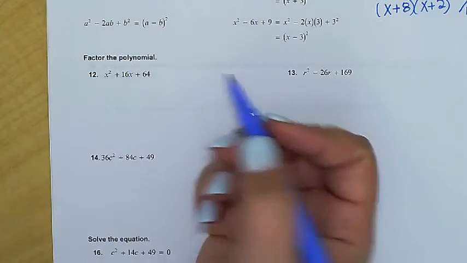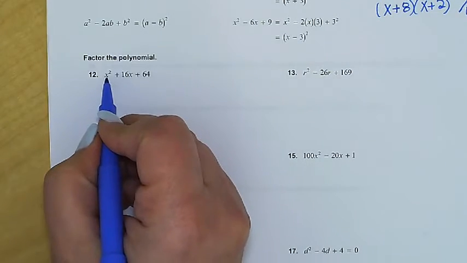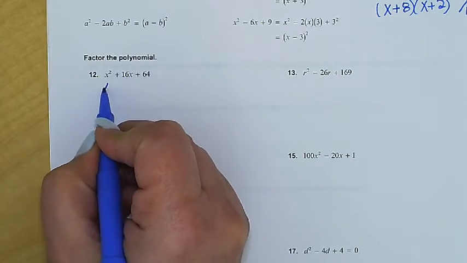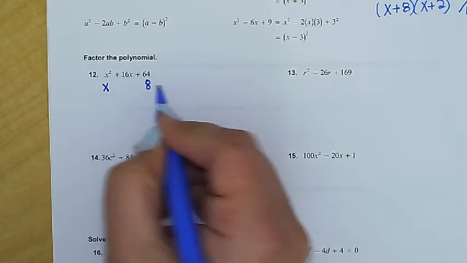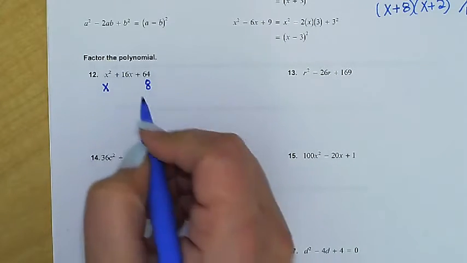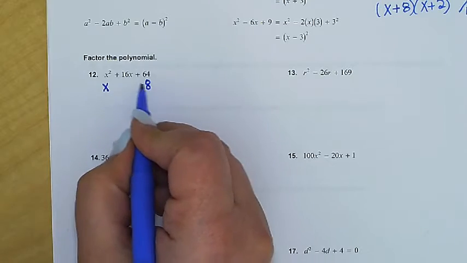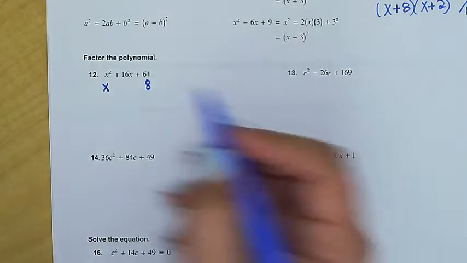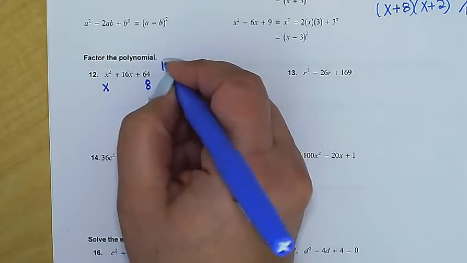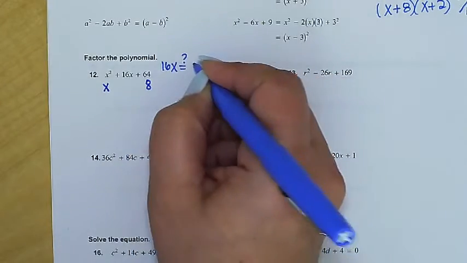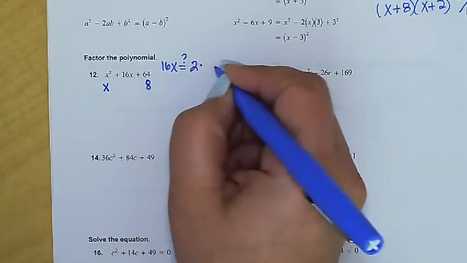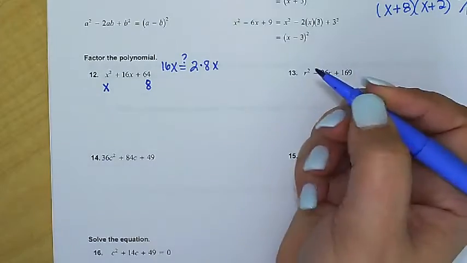Then we always want to check the middle term. That's the main idea. So what is the square root of x squared? Just x. What is the square root of 64? 8. The question is, is 16 the product of those two things doubled? That's what we're always checking. Is that 16 in the middle equal to 2 times those two numbers that we just agreed on?